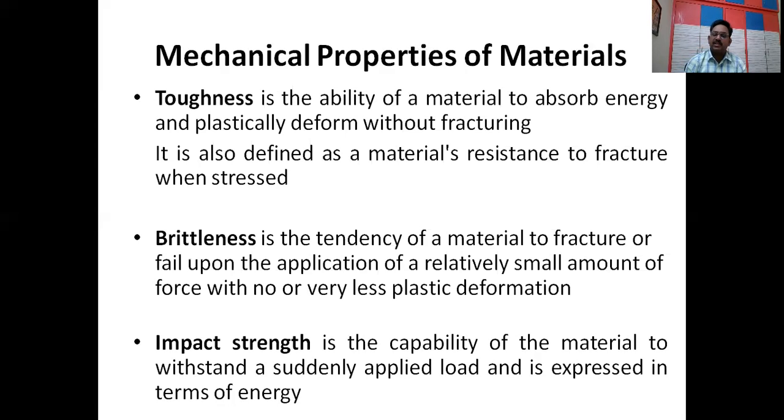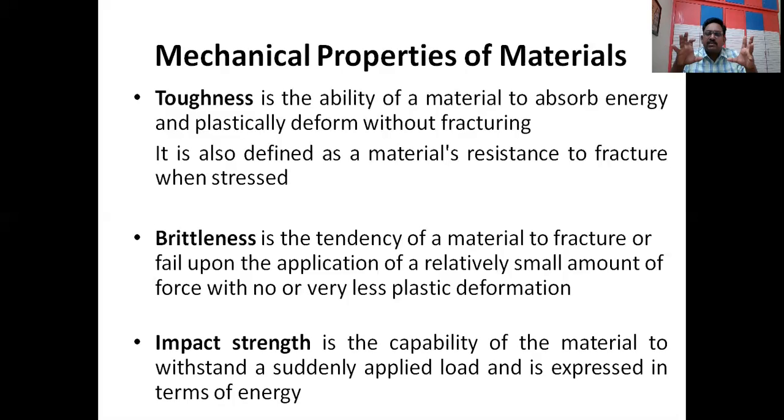But they may fail when the load is applied suddenly. Therefore, impact strength is the capability of the material to withstand a suddenly applied load, and it is expressed in terms of energy. For example, when we are making a bumper of a car or its chassis, when an accident takes place, the load applied is an impact load, that is, suddenly applied.